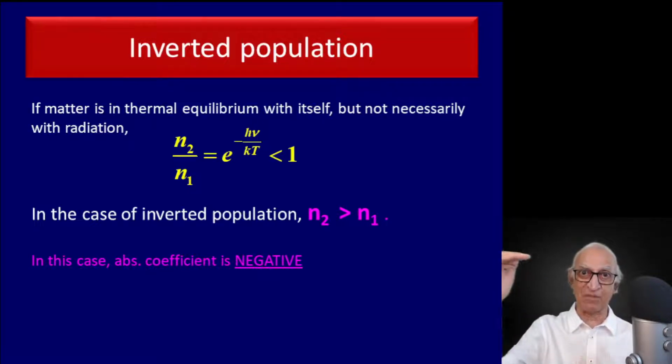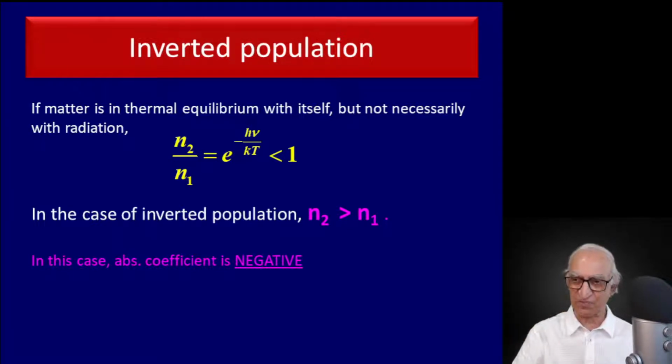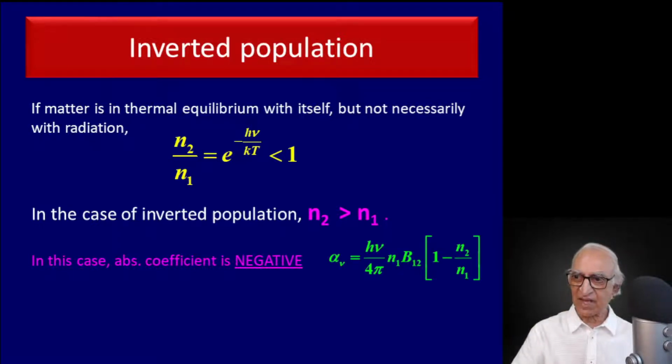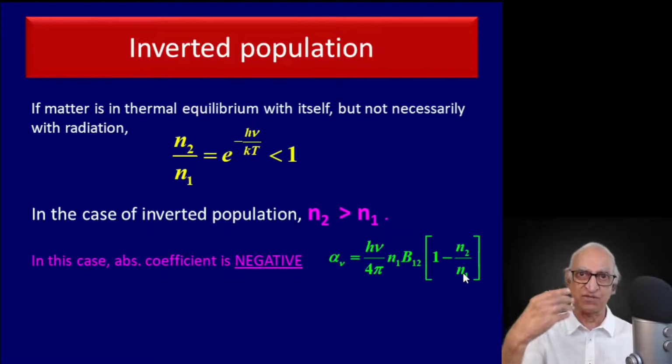When the number in the upper level far exceeds the number in the lower level, the second term, which has a minus sign, becomes larger, therefore the absorption coefficient becomes negative. Because N2 now is much larger than N1, the absorption coefficient becomes negative. If matter is in thermal equilibrium, N2 over N1 is always less than 1, the absorption coefficient is always positive, and there is always attenuation of radiation.